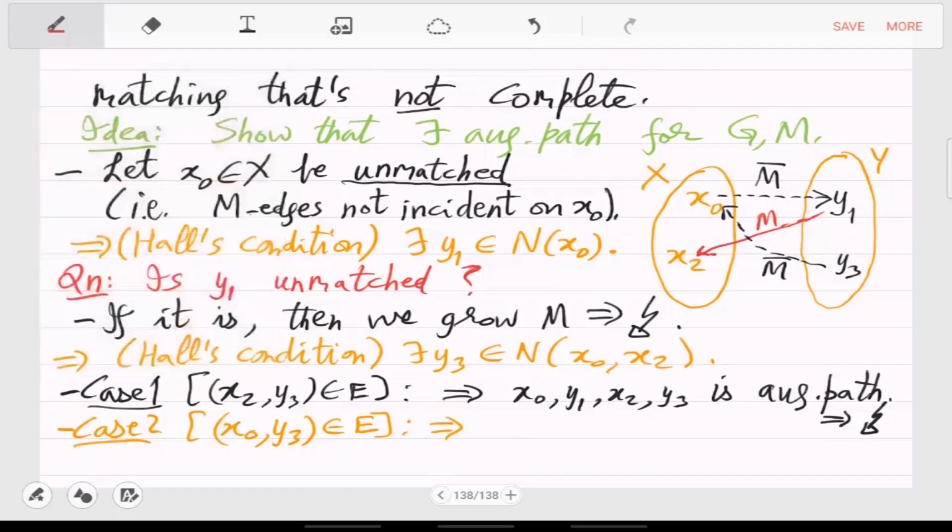You don't stop here. If there is an M edge going out, then you will just go to x4. So basically, if there is a way to come back by an M edge to x, then you will take that path and you will keep drawing this picture, or there will be a point where you cannot come back by an M edge.